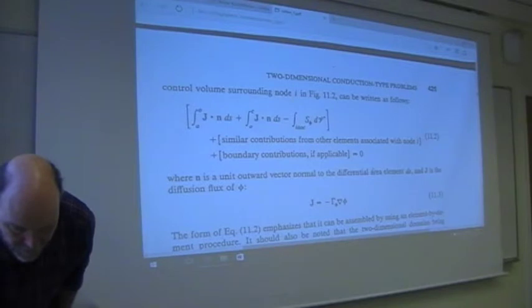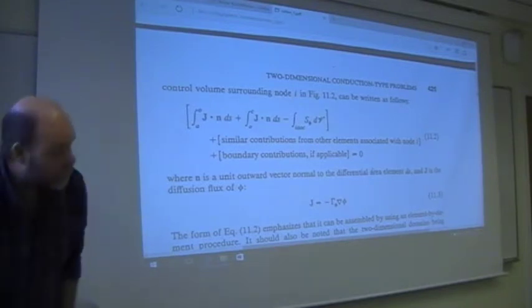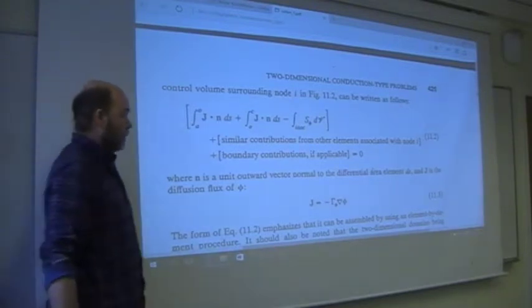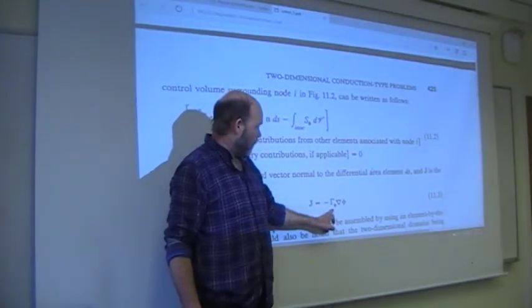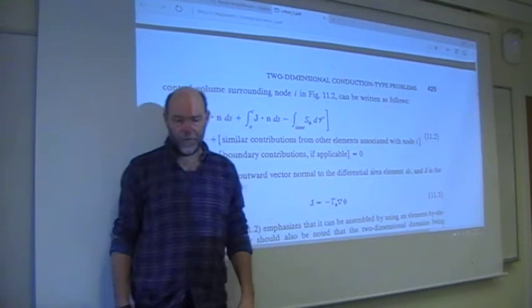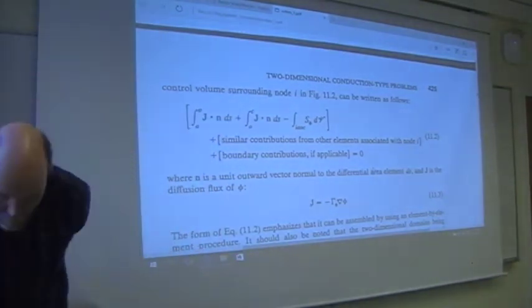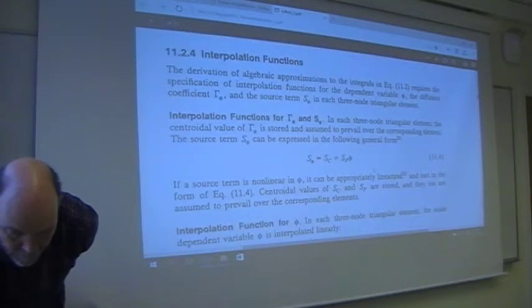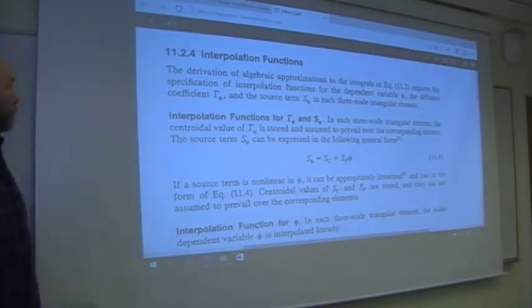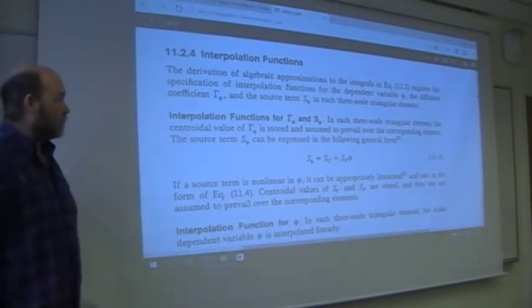The diffusion fluxes, these J vectors, can now be looked upon as this gamma and then the gradient of our unknown. And then we have to choose some interpolation functions.